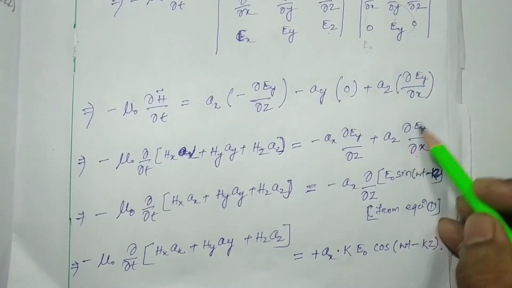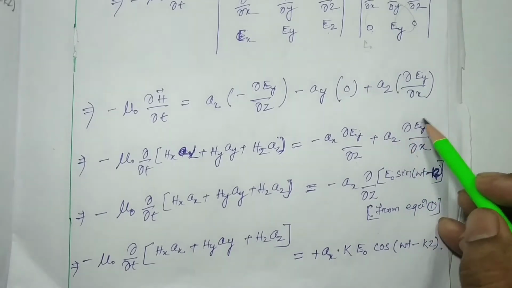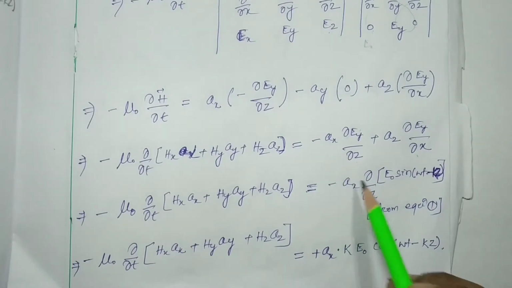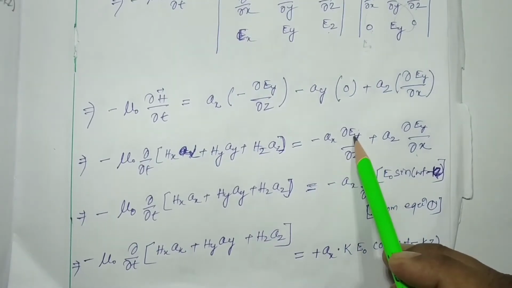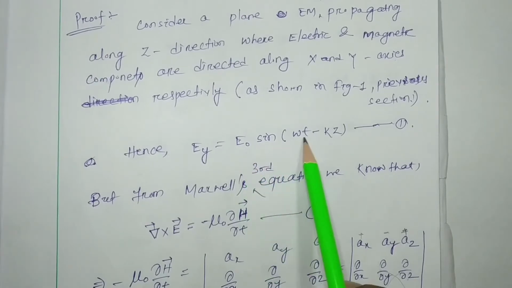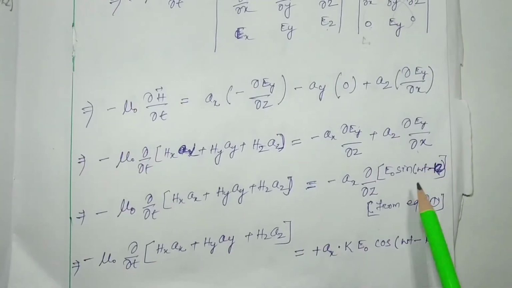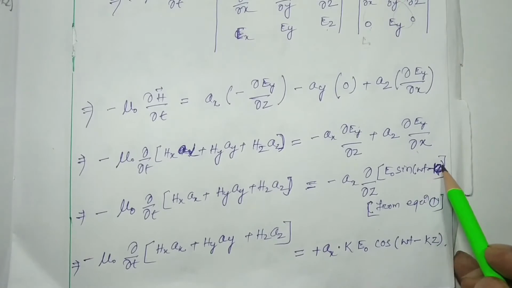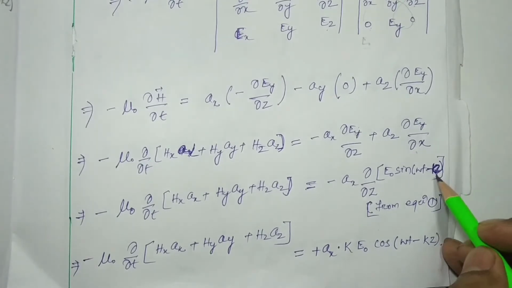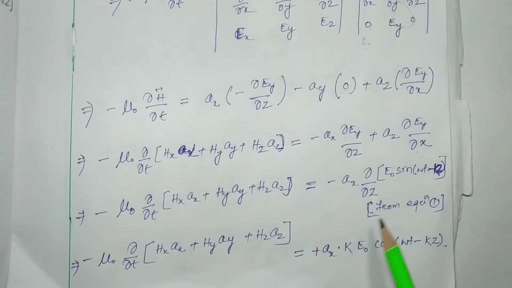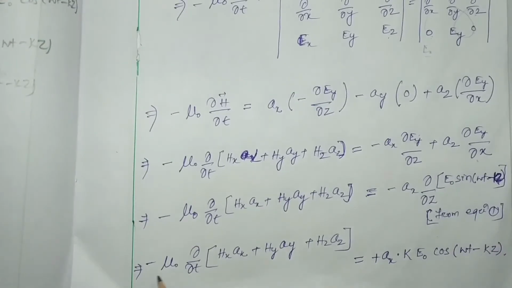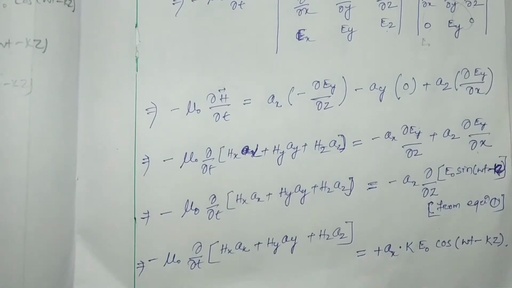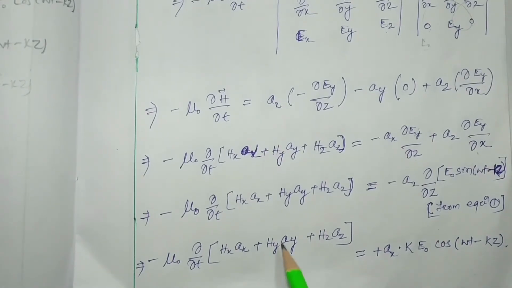So this component will vanish, and we find only minus ax del by del z of Ey. Ey is nothing but E0 sine omega t minus kz. You just put over here E0 sine omega t minus kz. Carefully you have to write this is kz. Here I wrote it from equation number 1. Now minus mu 0 del by del t of Hx ax plus Hy ay plus Hz az will be equal to the first derivative of this one with respect to z.